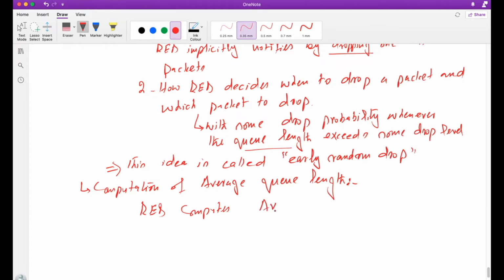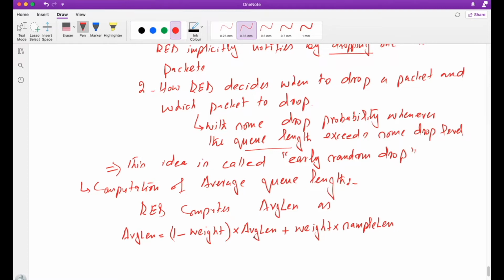Average length is equal to (1 minus weight) times the previous value of average length, plus weight times sample length.